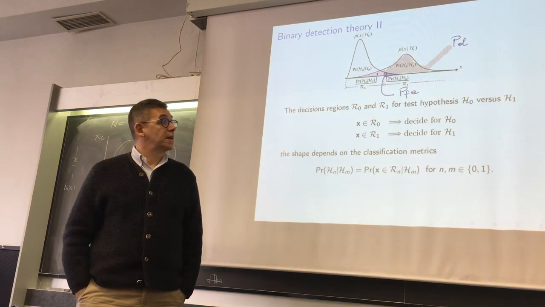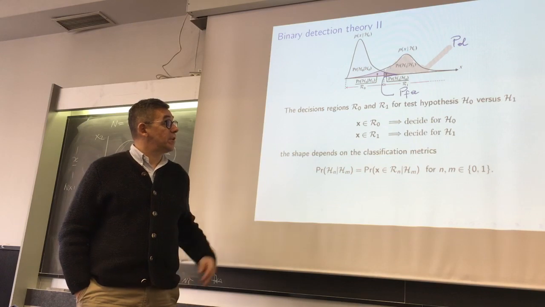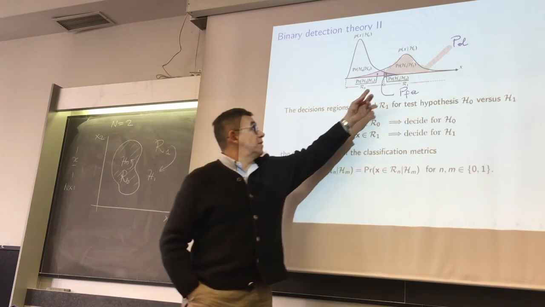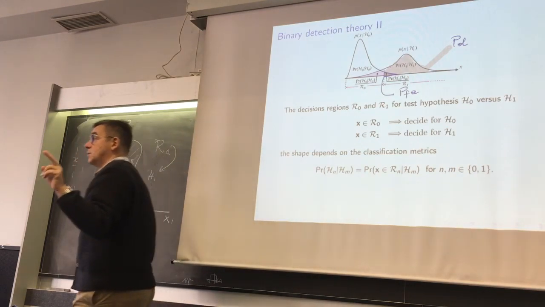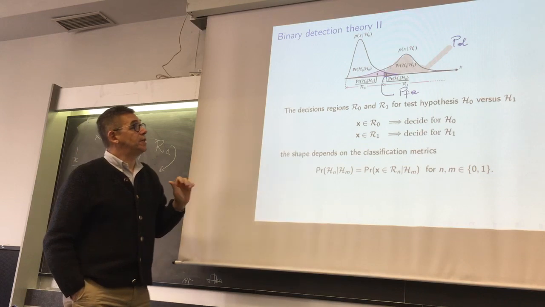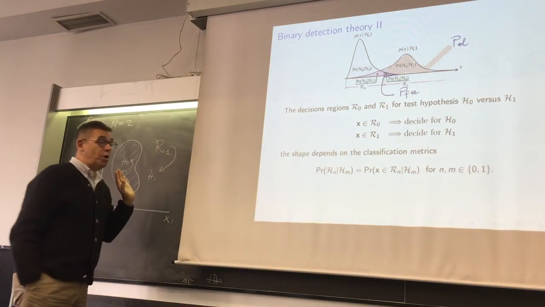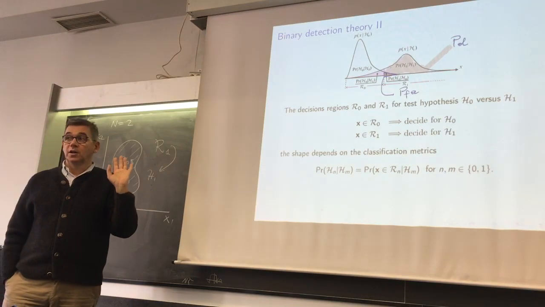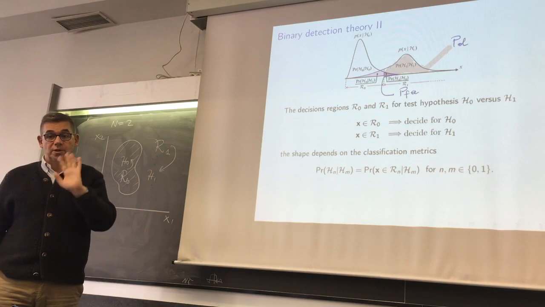I will show you how to decide the region and mostly how to design the threshold in the case of one variable. We will see tomorrow that in the case of multiple variables, the regions are strange, or they are separated by a hyperplane, depending on the case. Okay, we talked about that.